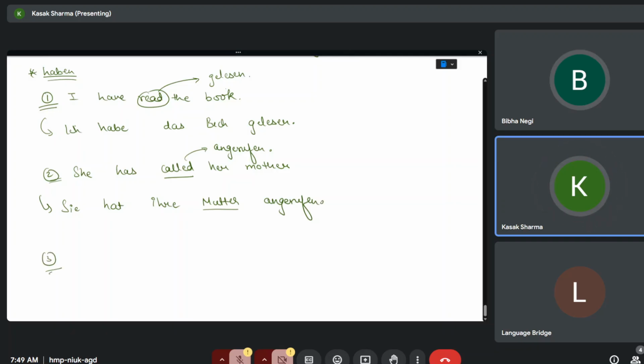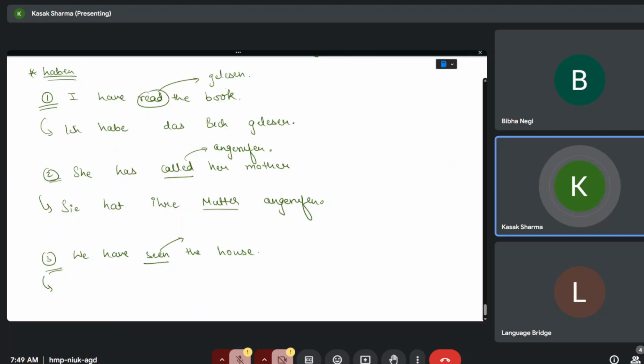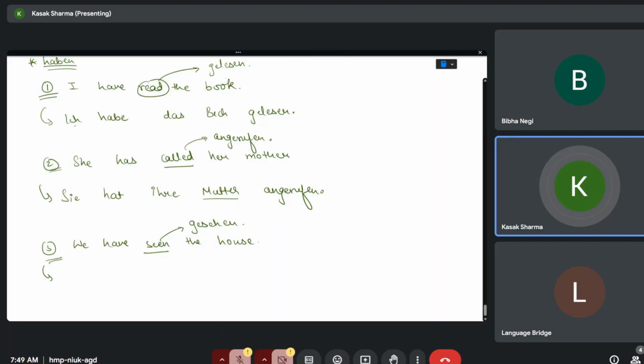Now, let's say third one. We have seen the house. Seen, as in sehen, is the verb to see. The participle is gesehen, and sehen also uses haben as a helping verb. So try this one.